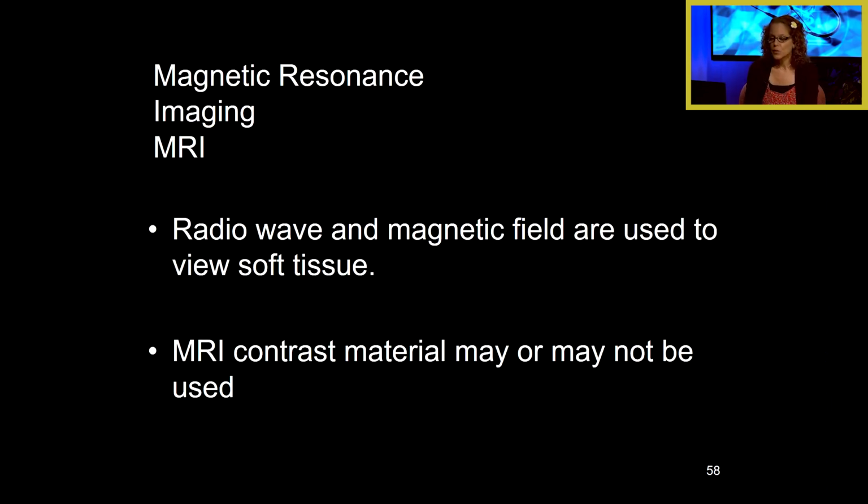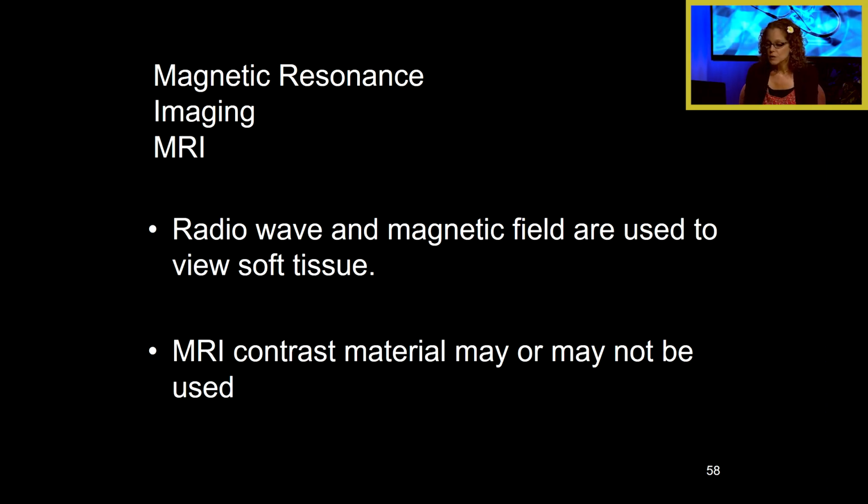MRI is another way for us to diagnose problems with soft tissue injuries. And remember when we said soft tissues were muscles, well, ligaments and tendons, and bones we can see on x-ray as well. So radio waves and magnetic fields are used to view these soft tissues.